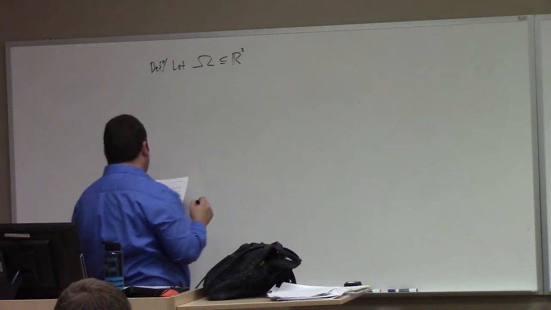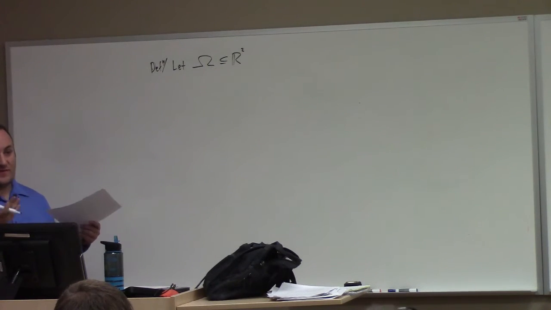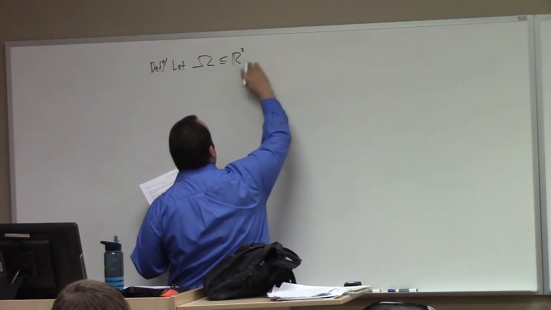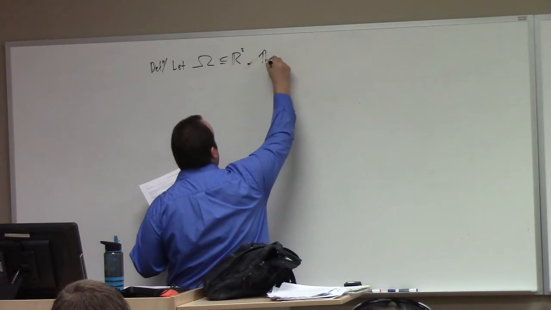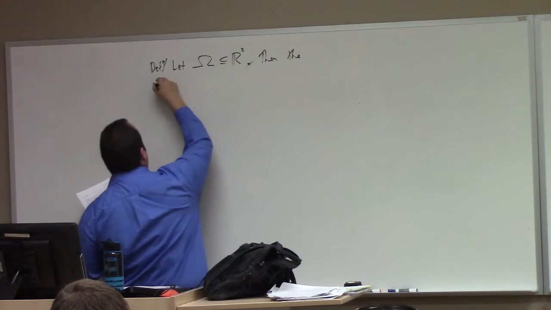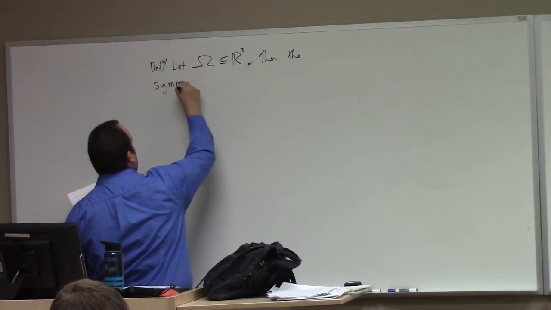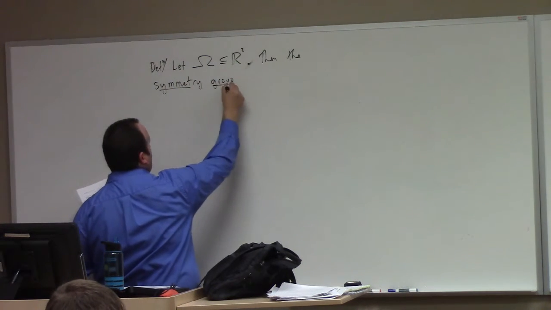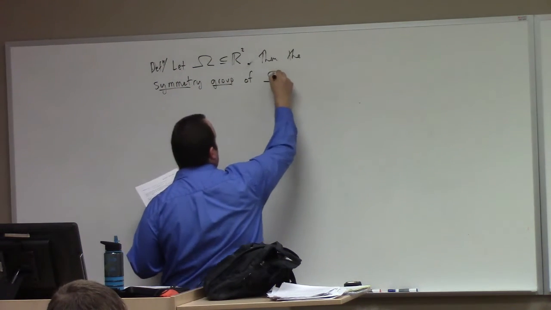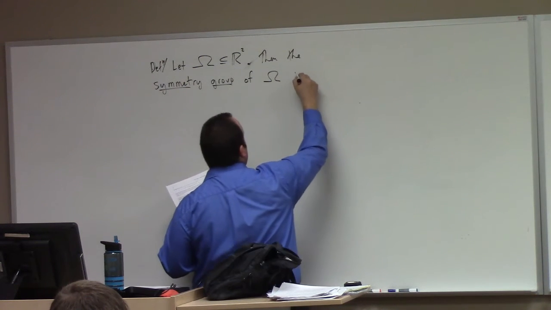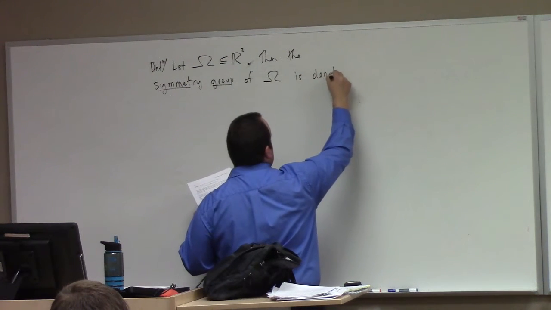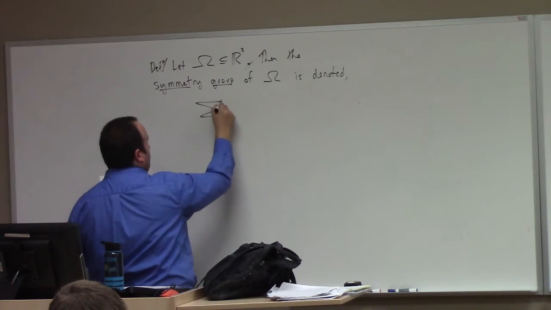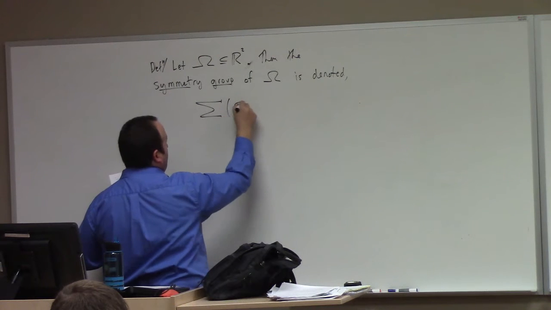So if we have, say, Omega, some subset of R^2, then the symmetry group of Omega is denoted, in fact defined, Sigma of Omega.